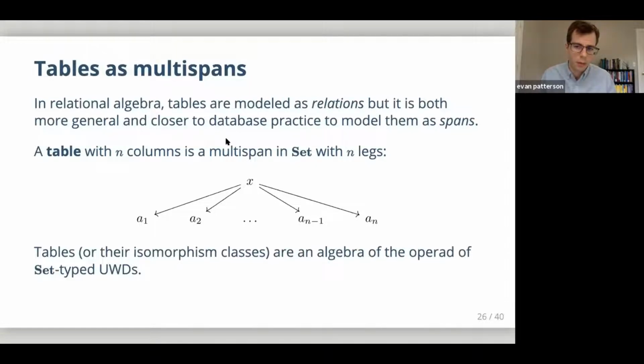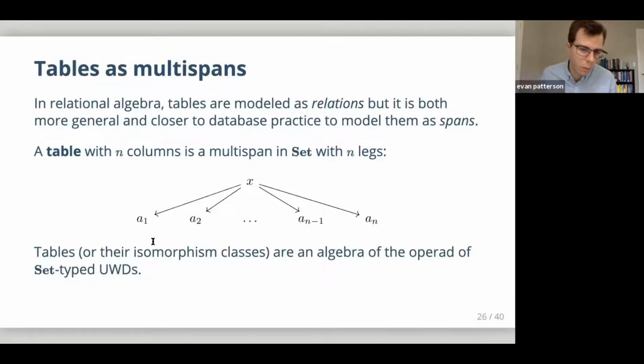And that's how we're going to think of them for the purposes of this UWD algebra. So we're going to say that a table with columns is a multi-span of sets. By a multi-span, I just mean it's like a span, but it can have more than 2 legs or fewer.